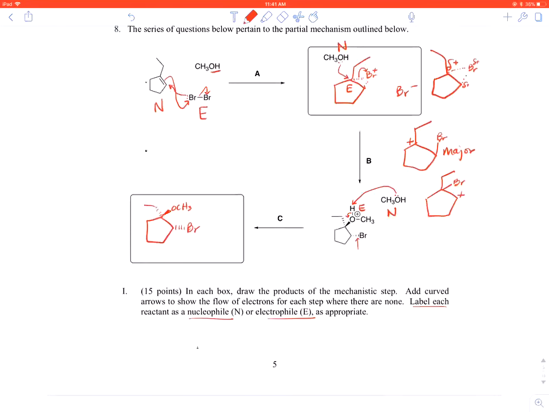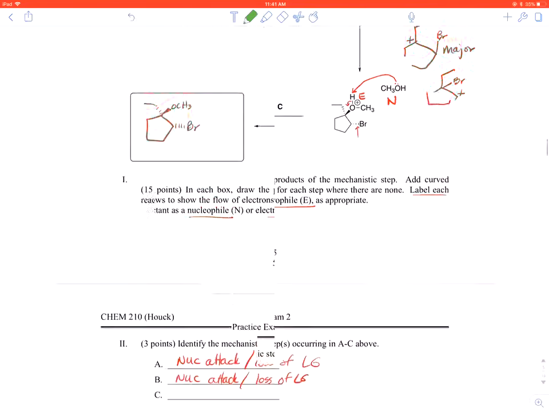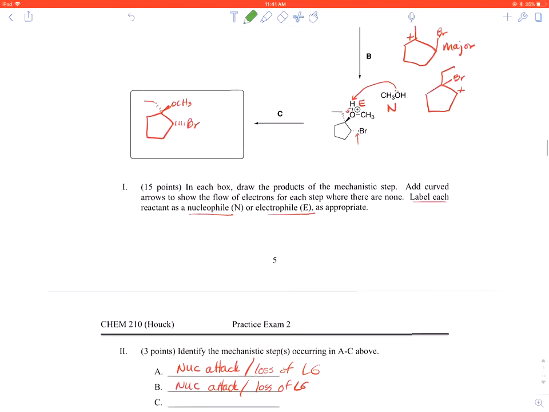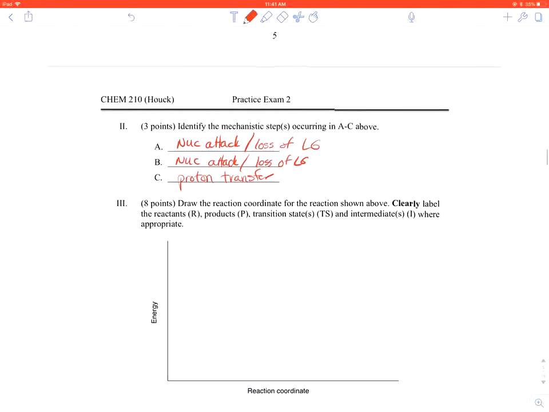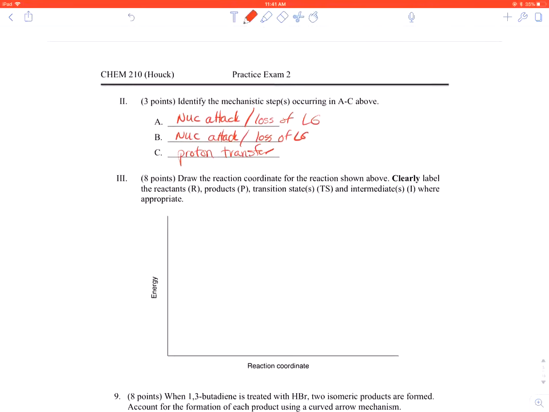So the loss of the leaving group is happening here, and the attack of the nucleophile here. And part C is a proton transfer. I suppose I forgot to write the other product of this there, but you see the proton changes place, and that is a very classic example of that, okay?